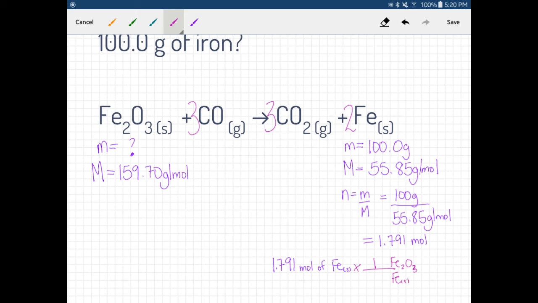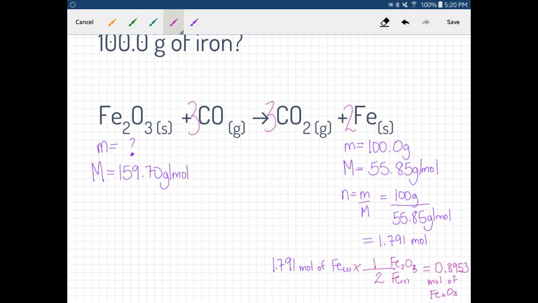So I have 1 mole of iron 3 oxide and I have 2 moles of iron solid. When I multiply by 1, divide by 2, or simply just divide by 2, I get 0.8953 moles of iron 3 oxide. Okay, so this is telling me how many moles I have.